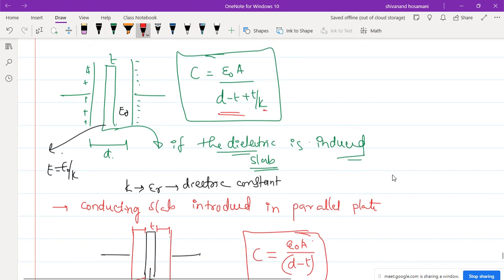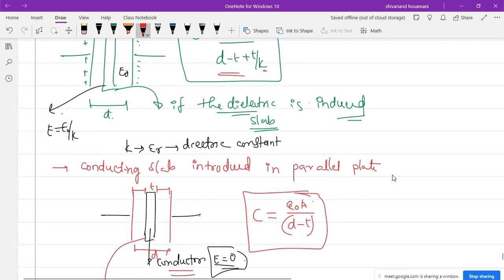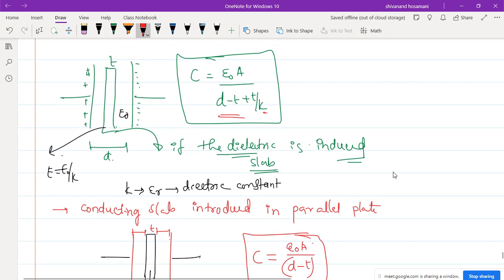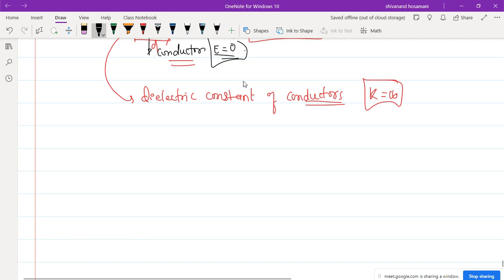Why infinity? When you put infinity in the equation above, you get the equation below. So if the dielectric is replaced by a conductor, K automatically becomes infinity. Therefore, the relative permittivity or dielectric constant for conductors is infinity. Remember, that point is important. Is that clear?